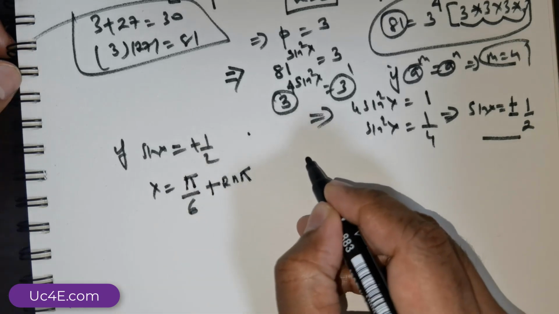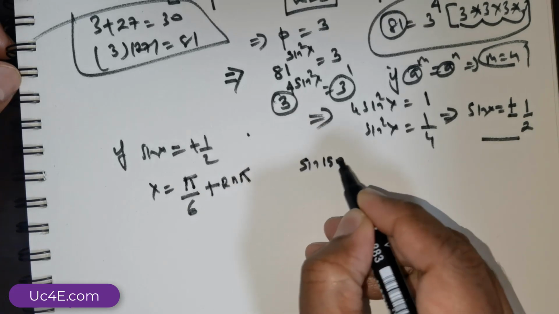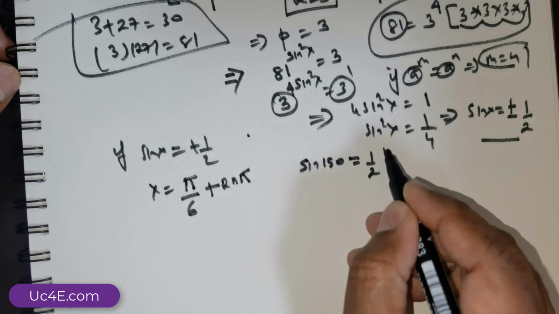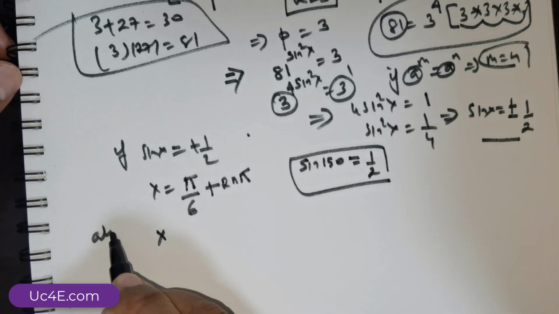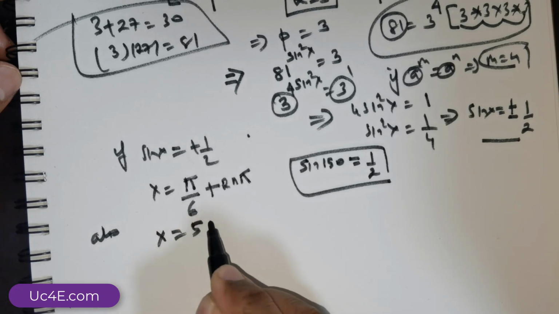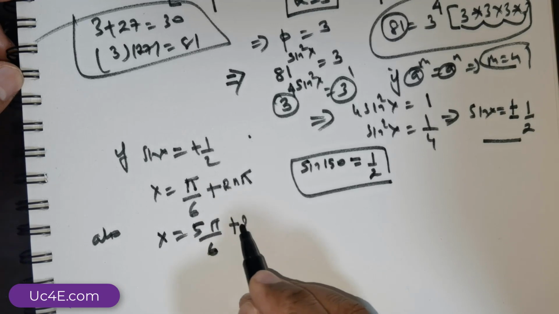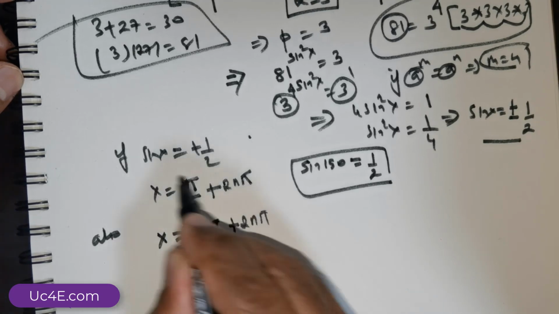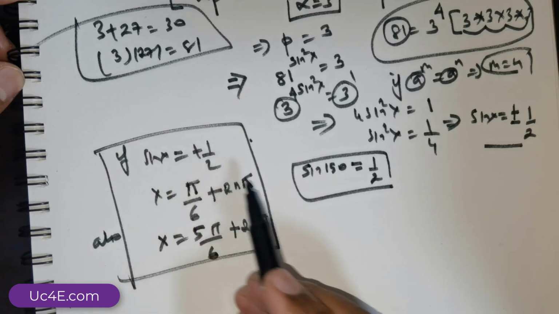Sine of 150 will also give me 1 over 2, right? So I need to take that value also. So you can write that x is going to be 5 pi over 6, followed by 2n pi. So this is going to be one set of solutions when sine x is equal to 1 over 2.